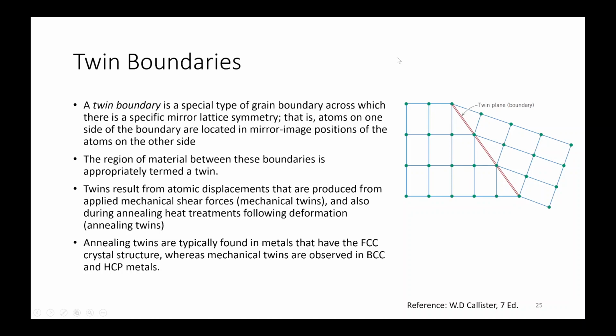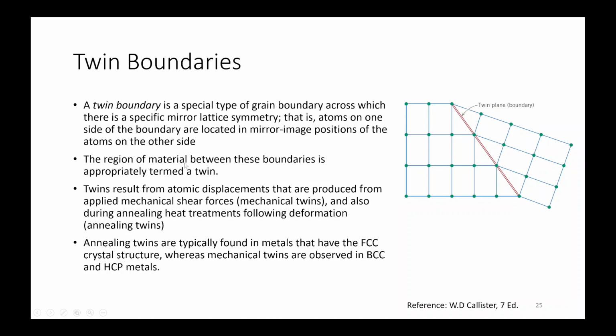Twin boundaries. A twin boundary is a special type of grain boundary across which there is a specific mirror lattice symmetry. So on both sides there are atoms present at mirror positions, and atoms on one side of the boundary are located in mirror image positions of the atoms on the other side.